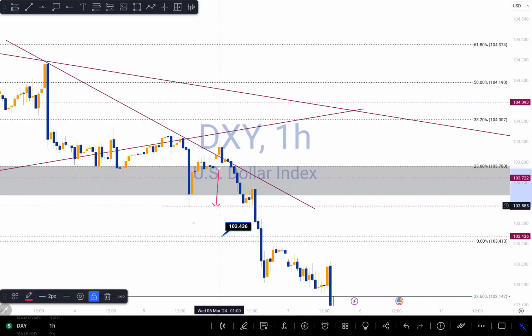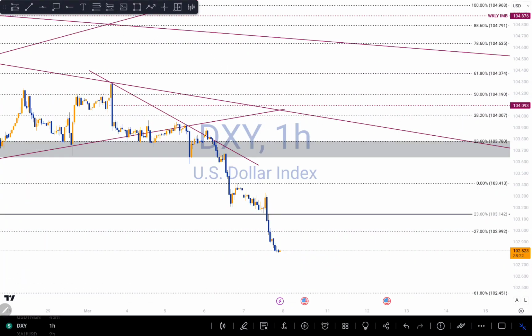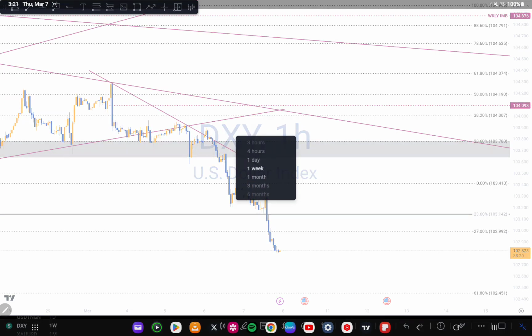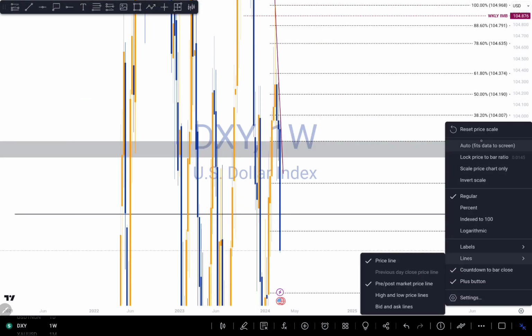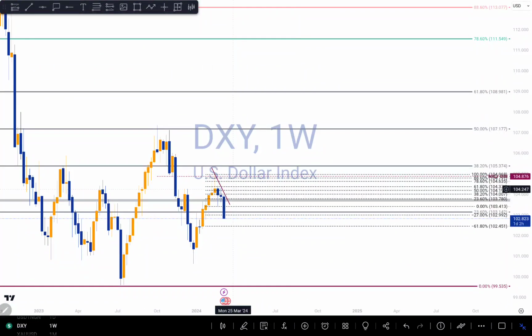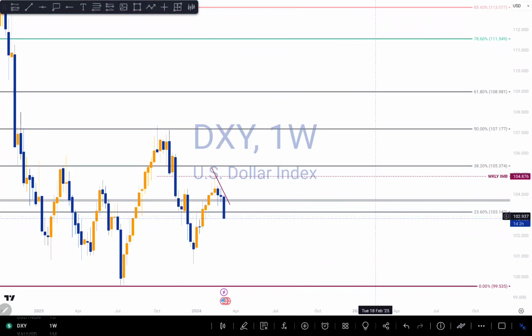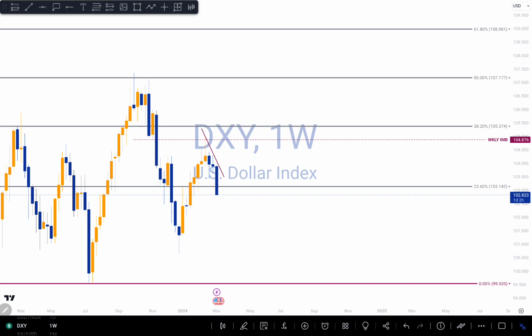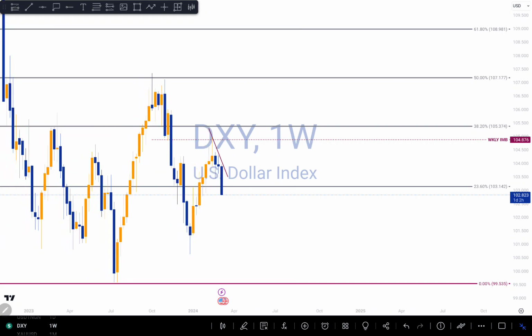Let's see. So just like I like to do top down analysis, let me go to a bigger time frame and see the overall market. So we can see that we are currently in a bear direction.